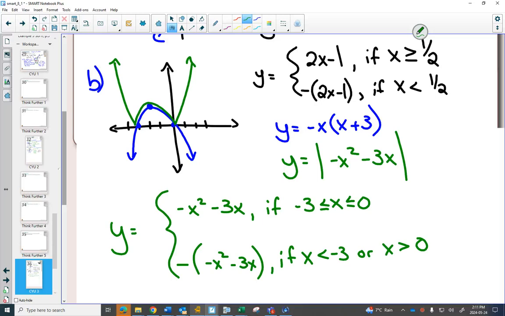So this is writing a graph in piecewise notation. Students, circle questions 8, 9, and 13.